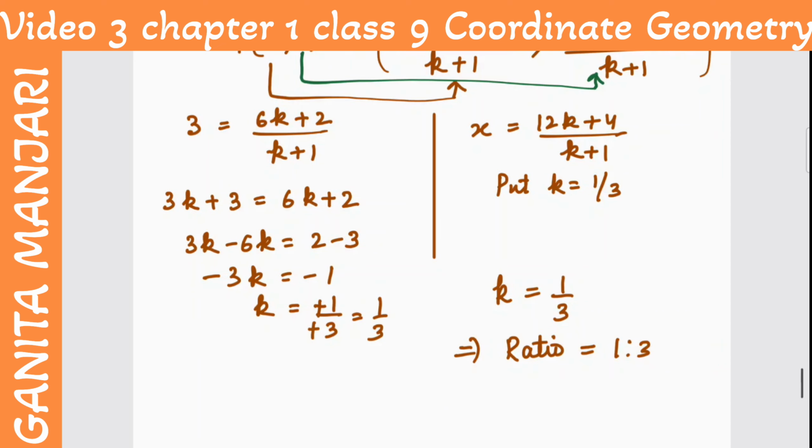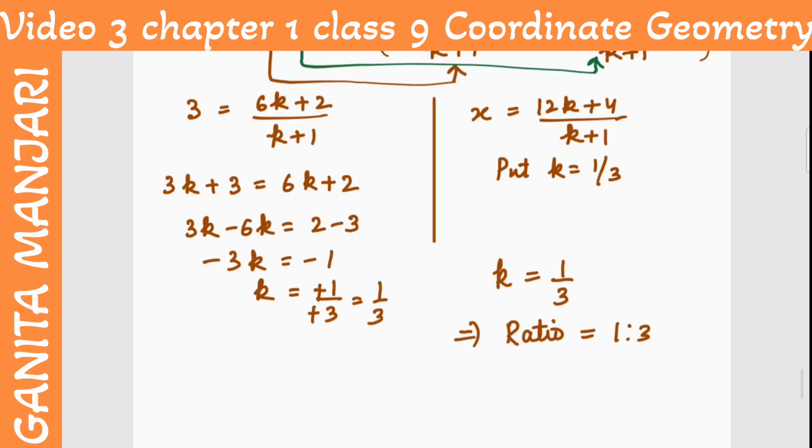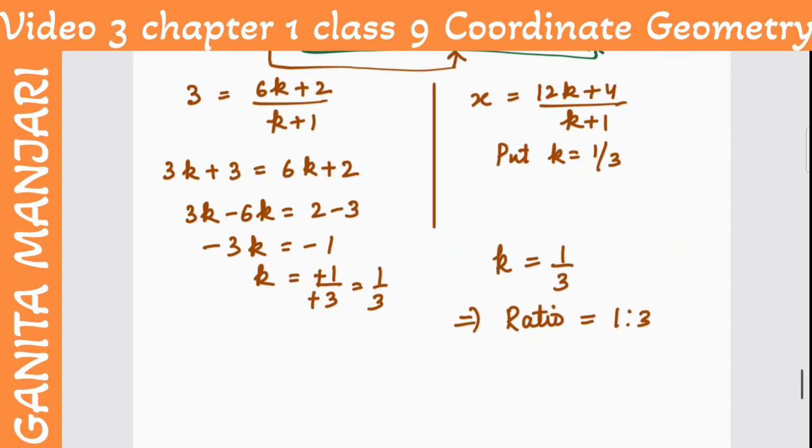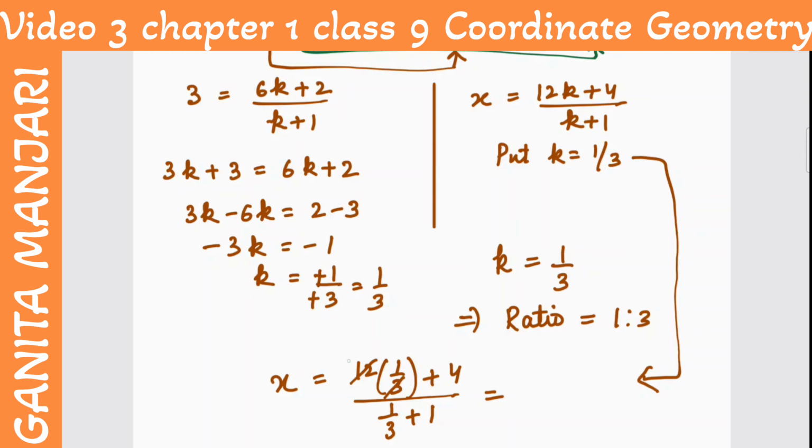So what is k? K is 1 by 3, which implies the ratio is equal to 1 is to 3. Suppose we have to find out the value of x also. So when you put k equals 1 by 3 in this, x is equal to (12 into 1 by 3 plus 4) upon (1 by 3 plus 1). So it is equal to 8 divided by 4 by 3.